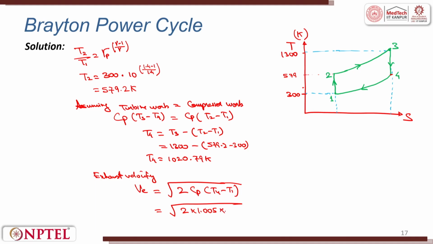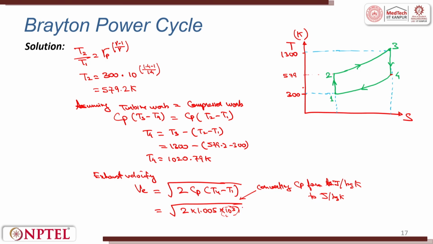So this is 1.005 into 10 raised to power 3, because we are converting Cp from kilojoules per kg Kelvin to joules per kg Kelvin. That is why this 10 to the power 3 is multiplied here.